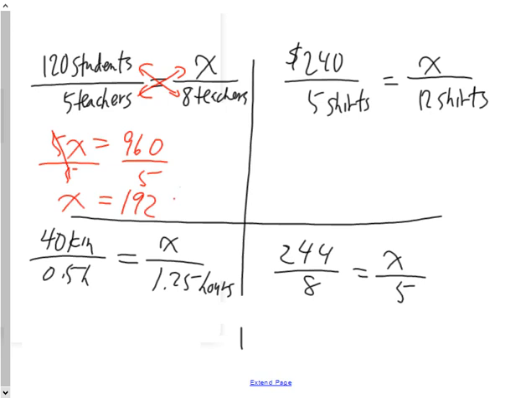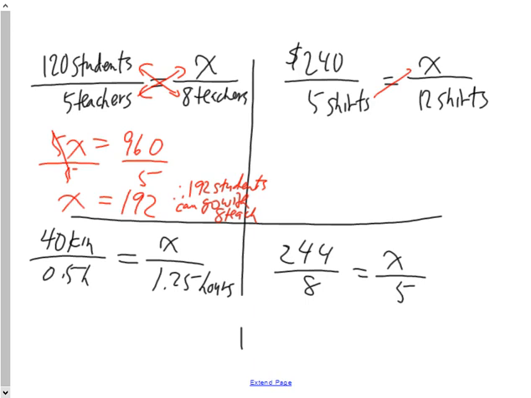So technically you're supposed to put a therefore symbol and say therefore 192 students can go with 8 teachers if 120 students for every 5 teachers, and 192 students can be present for 8 teachers, or so on and so forth, whatever the context is.